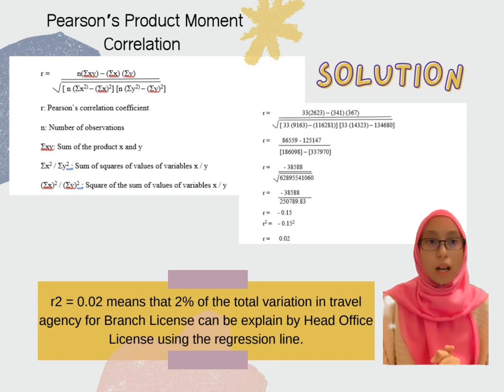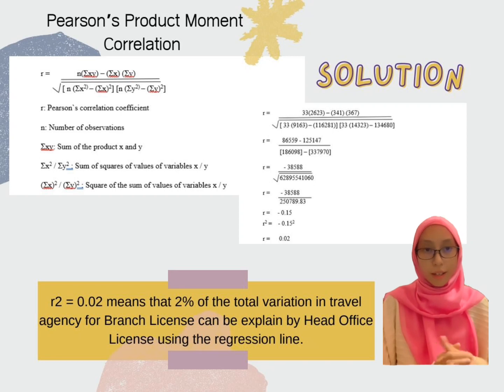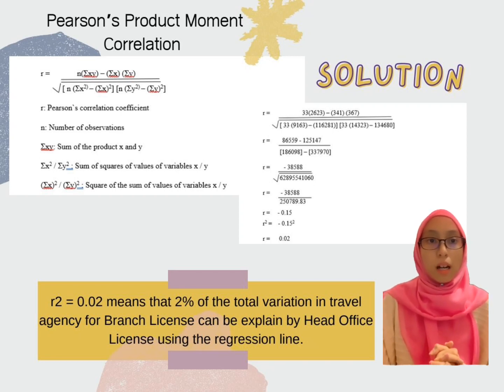Sum of y is 367, and the overall answer is 134,689. Sum of x squared, the answer is 9,163. Sum of y squared, the answer is 14,323. And last, sum of xy, and the answer is 2,623.